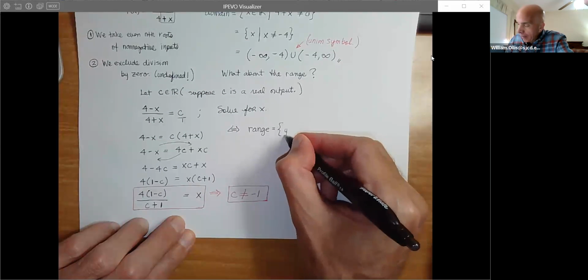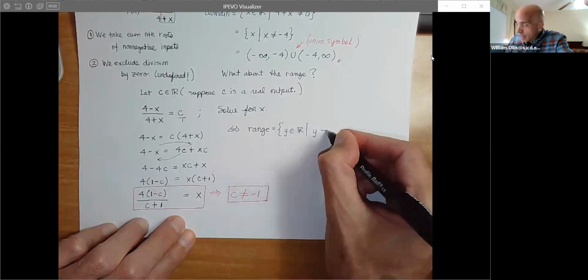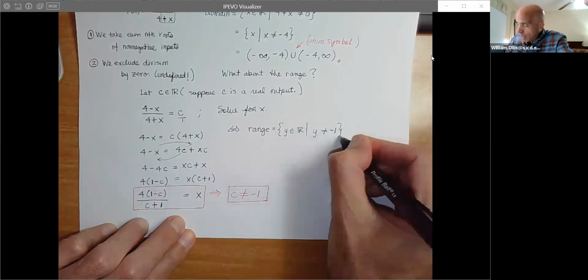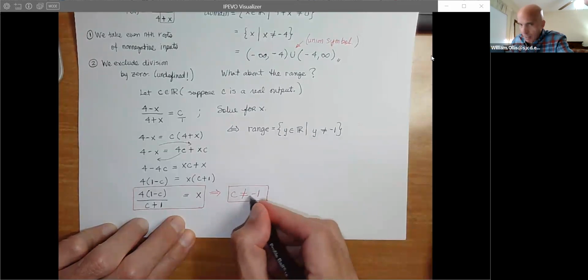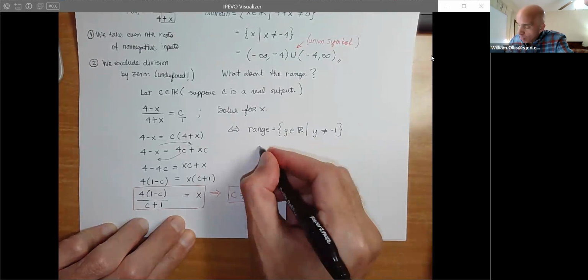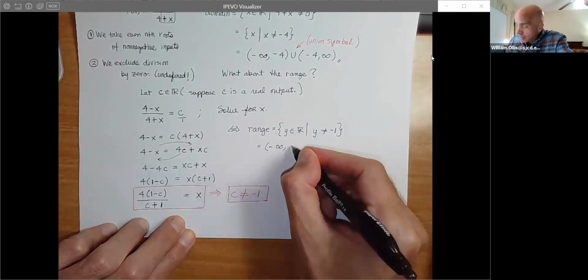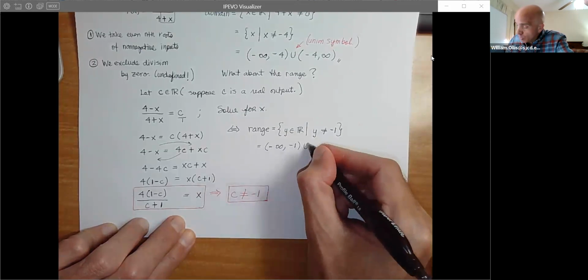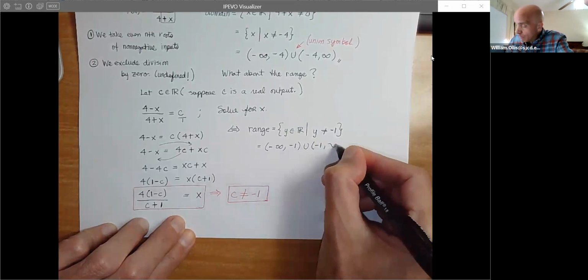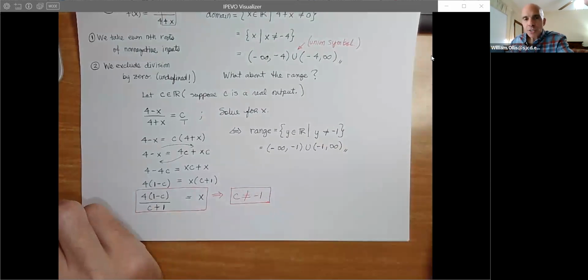We have y an element of R such that y does not equal -1. So now for the c not equal to -1, we'll just stick that in for y. And then we'll say, okay, well, that just means in terms of intervals, -infinity to -1, union -1 to infinity. Okay, so our intuition was telling us, yes, this is exactly right.